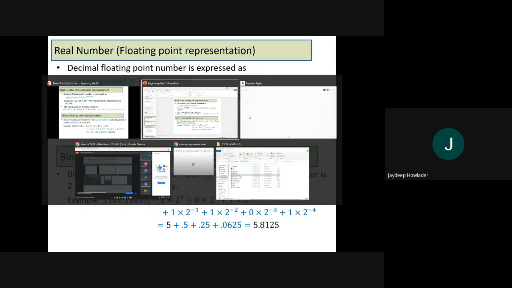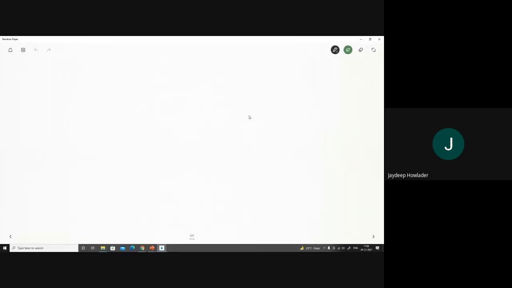It stands for a representation which looks something like this: if we take a number, say 75364, and I represent it as 10 to the power 3, then it is interpreted in the form of 7, 5, then a decimal point, then 3, 6, 4. This is basically the floating point.